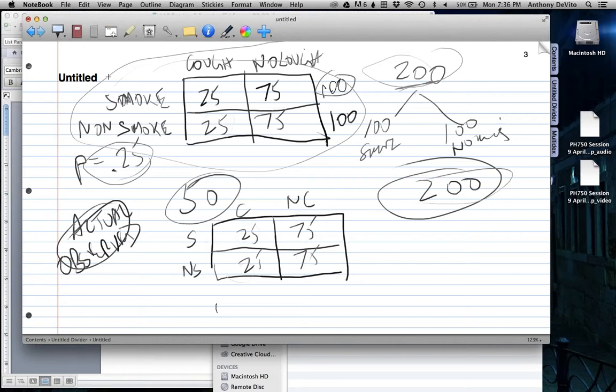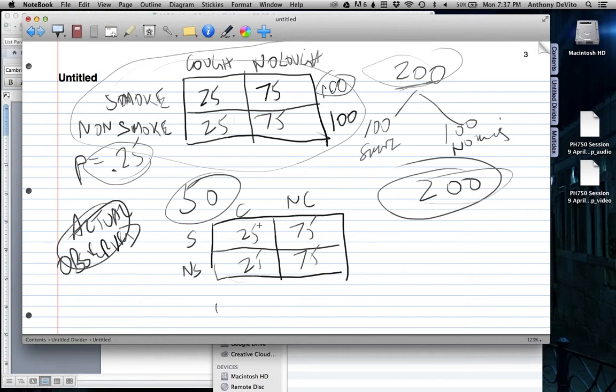You'd expect a little bit of variability, because by chance you pick out 100 smokers randomly, and even if 25% of them have a cough, you don't expect to get exactly 25. Sometimes you may get 24, sometimes 28, sometimes 20. You just expect some variability, so you do expect there to be some difference.